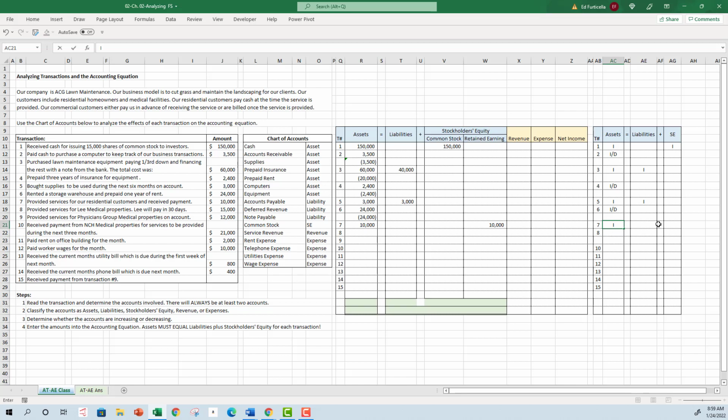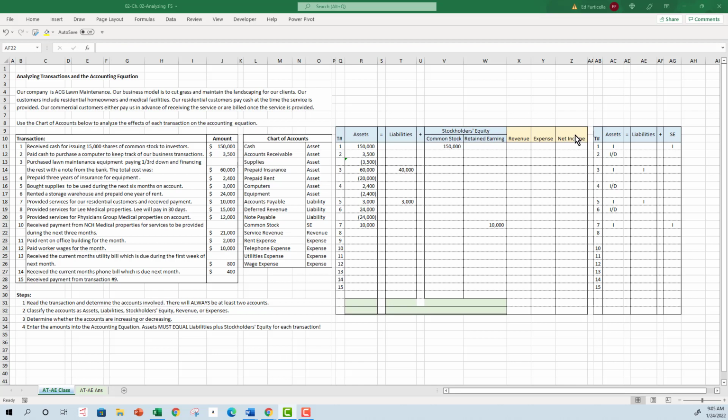Common stock, which represents what investors have put into the company, and retained earnings, which represents the earnings that the company itself has generated. The beige boxes that we have on the accounting equation represent revenues and expenses and ultimately the impact they have on net income.